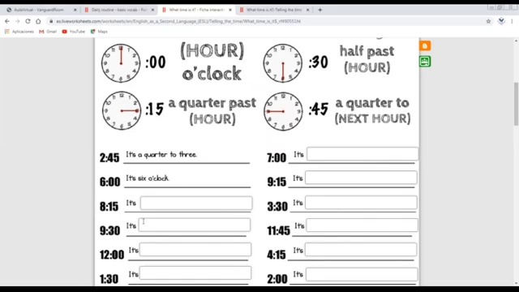So you have to continue writing the time. For example, it's a quarter past 8.